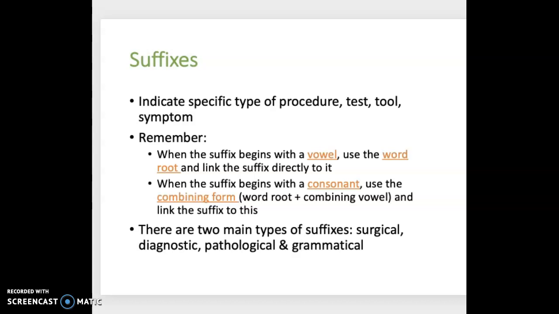A diagnostic suffix describes a procedure performed to identify the cause and the nature of an illness. Pathological suffixes describe an abnormal condition or disease. And grammatical suffixes are attached to words to form parts of speech, like to change a word to an adjective, for example.